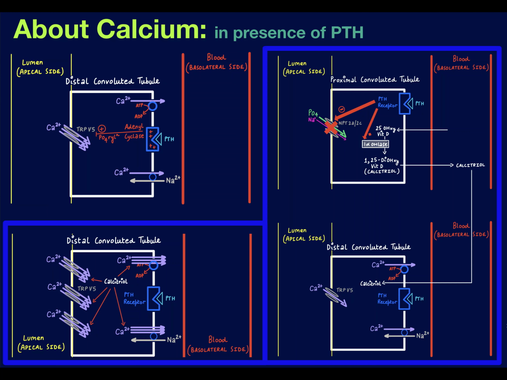Both these effects are responsible for the increased reabsorption of calcium in the DCT. Calcitriol also increases the activity of PMCA4 and NCX, which throw out this increasingly reabsorbed calcium into the blood. So we can say that most of the effects of parathyroid hormone on calcium reabsorption are mediated via calcitriol, because in PCT, PTH hormone acts to increase the activation of vitamin D into calcitriol.